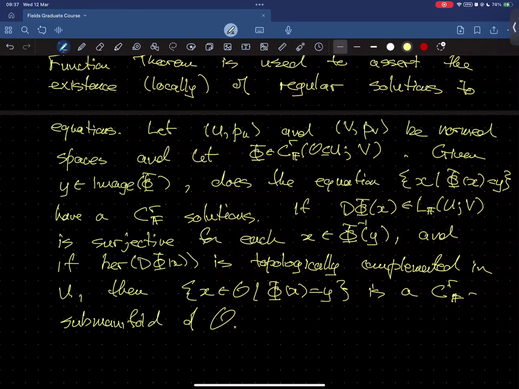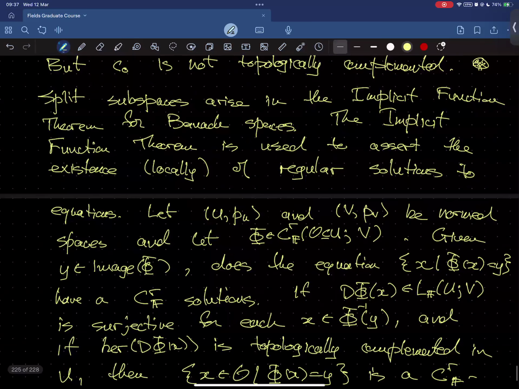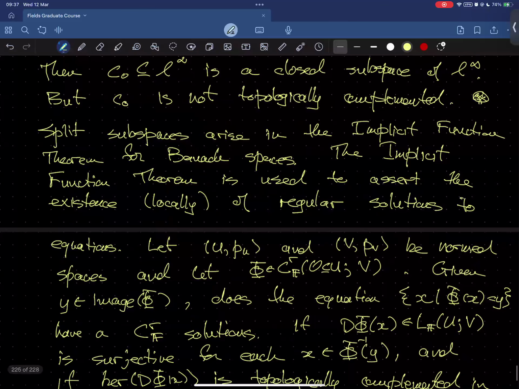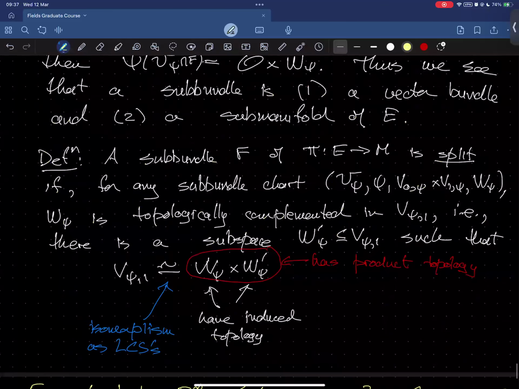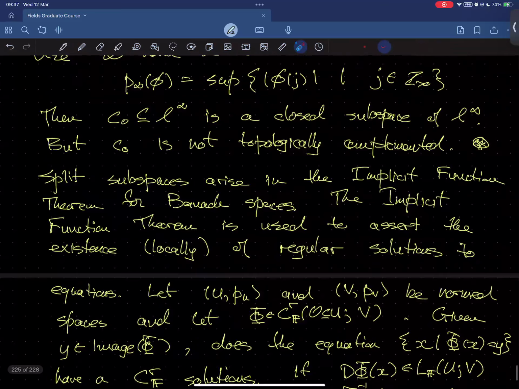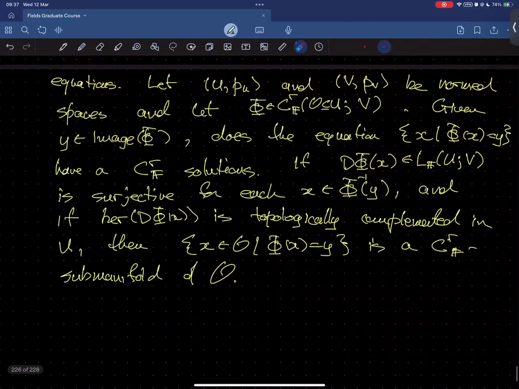That's why the notion of a split subbundle is important, because this notion of split arises in the implicit function theorem, which is valid for normed spaces.